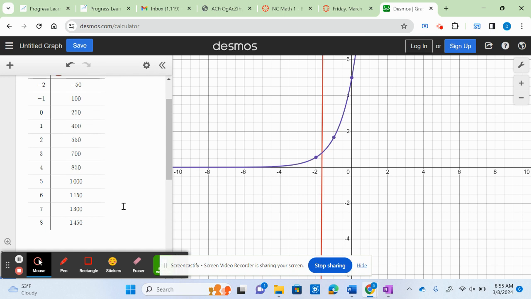So y equals 150x plus 250. So click on this for your table. So I would go down 3, 4, 5, 6, 7, 8, 9, something like that. Okay, here you go.